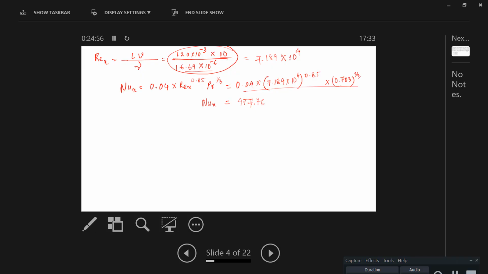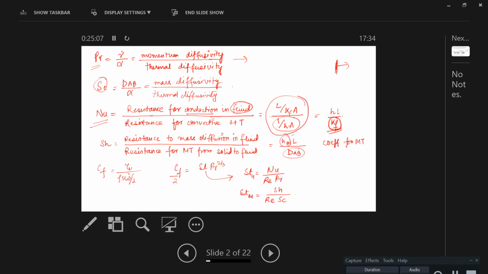Yes. Okay. So now how do you calculate h from this Nusselt number? Nusselt number is given by hL by k_f, as I have already shown in the brief over the dimensionless numbers.